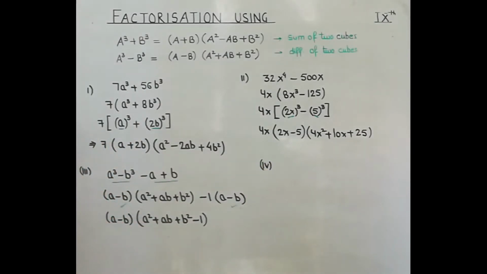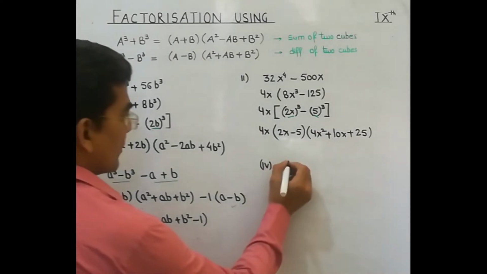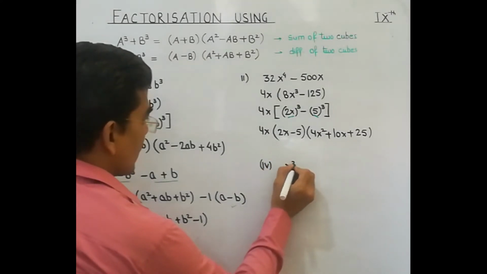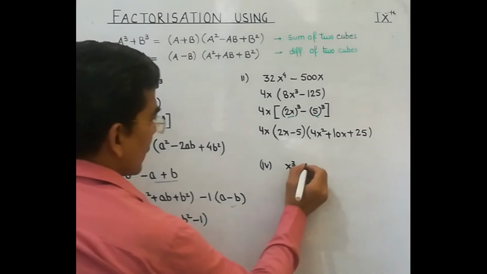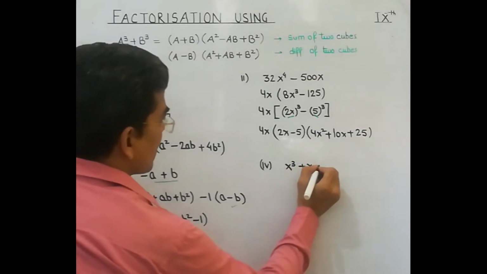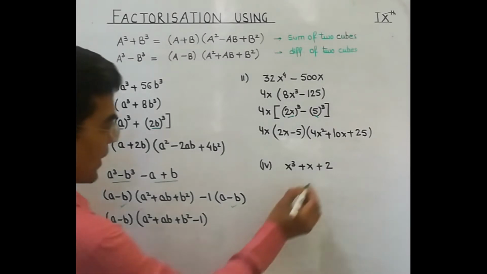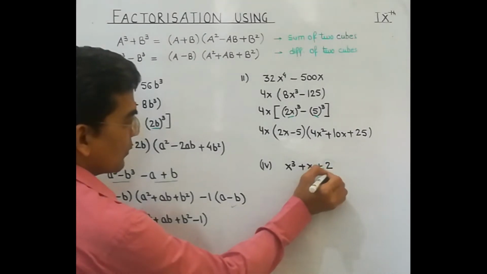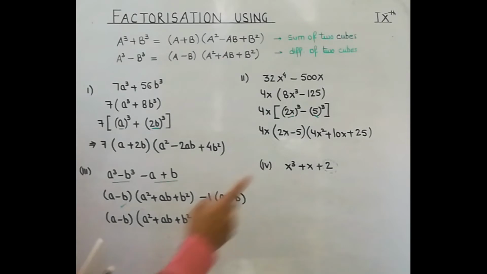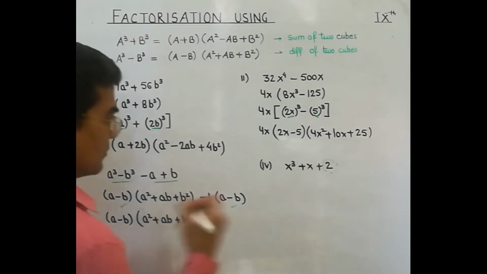Question number 4. In question number 4 it is given x cube plus x plus 2. Now let's see how we are going to arrange it so that we may get a cube formula. I'm going to break this 2. This 2 can be written as 1 plus 1.